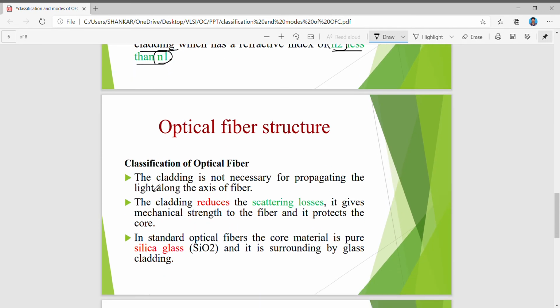So actually what is the use of the cladding here? The cladding is not necessary for propagating the light signal along the axis of the fiber.